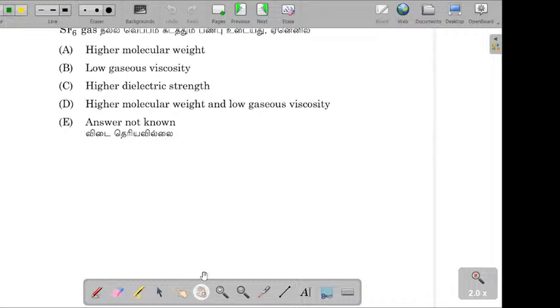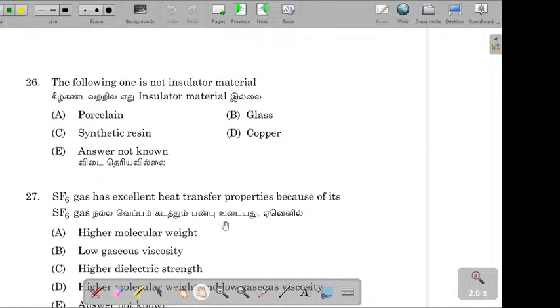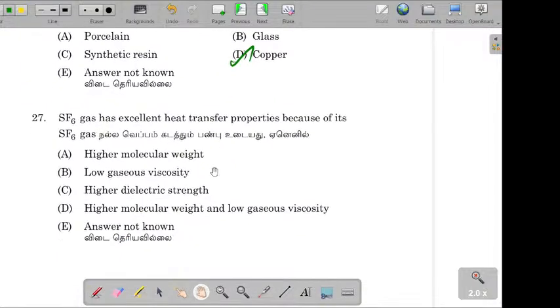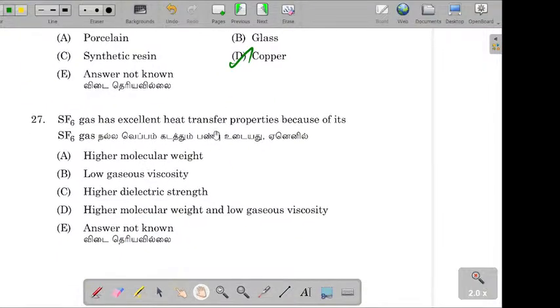Next question. The following one is not insulator material. Except copper, all the rest are insulator materials. The SF6 gas has an excellent heat transfer properties because of its high molecular weight and low gaseous viscosity.